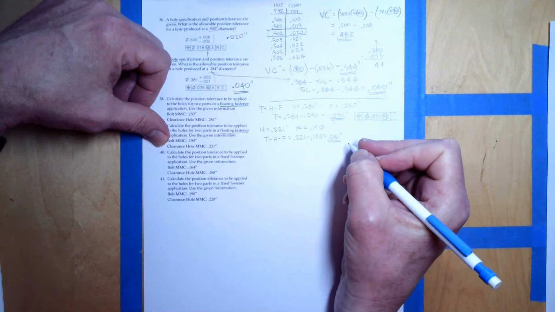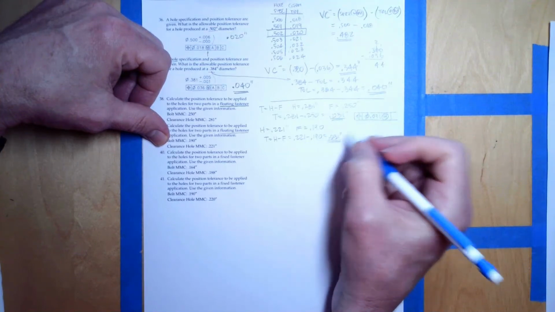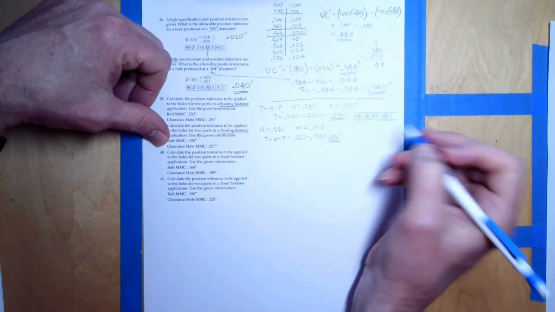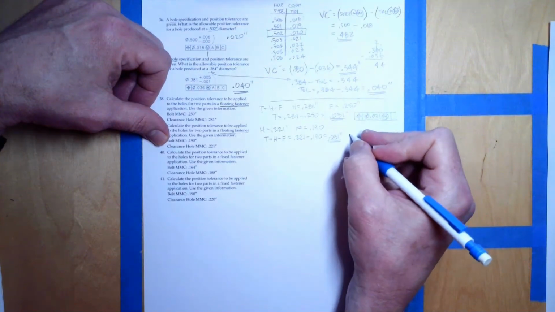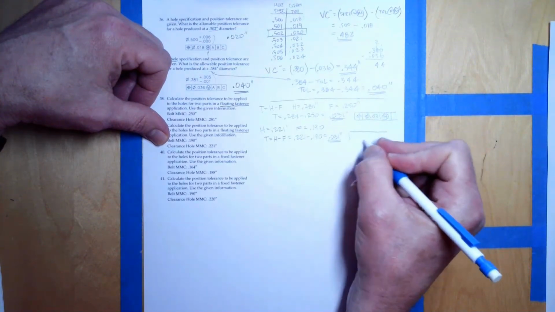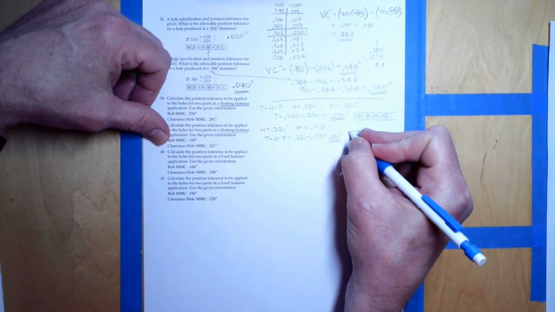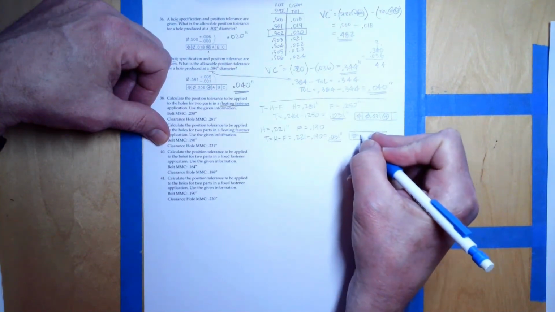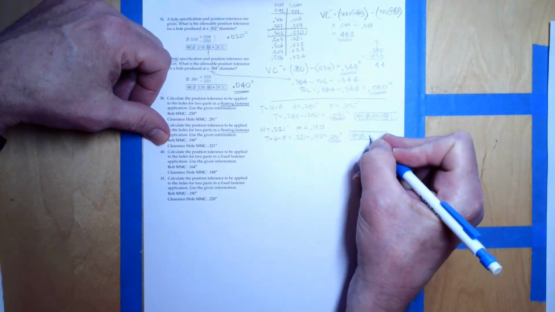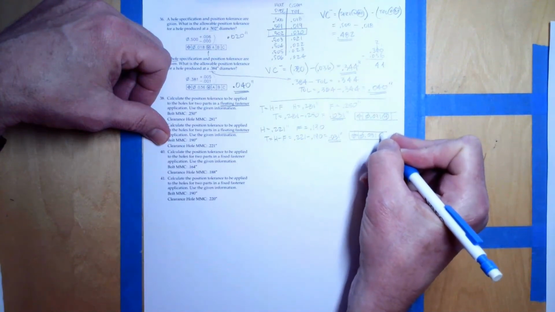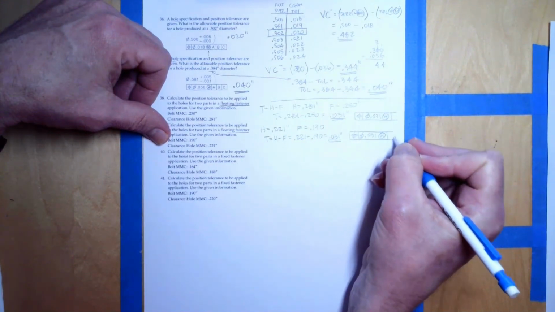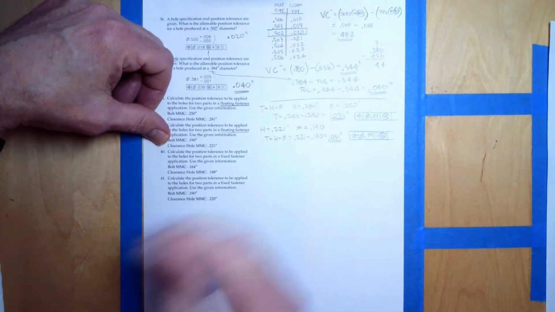So again, it's going to be the same feature control frame here, funny enough, because it's the same number. Diameter 0.031 MMC, and then there's datums that we're not going to specify there.